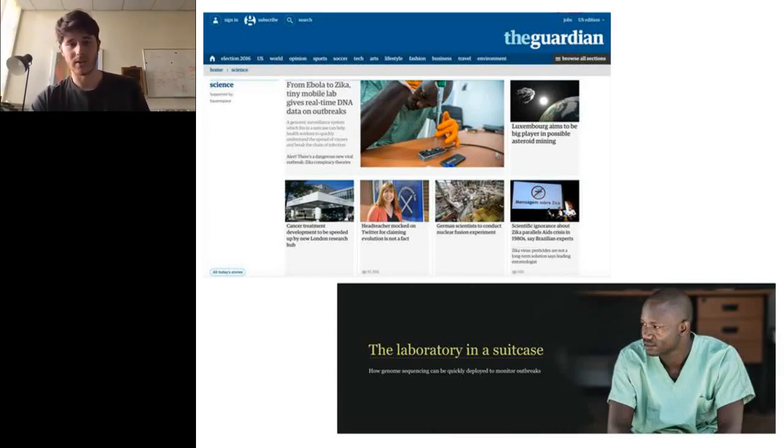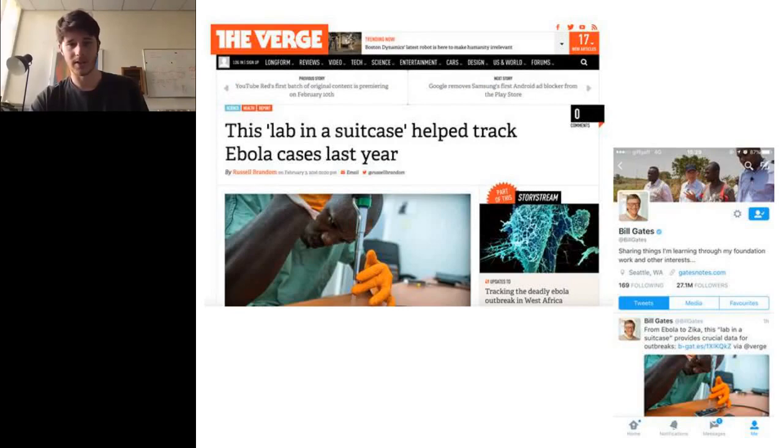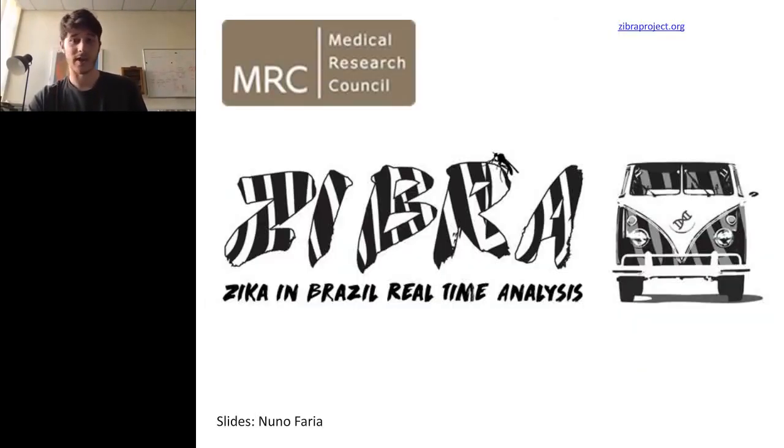This is a UK paper called The Guardian, The Verge, and even Bill Gates picked up on this story. His charity, his foundation, is very interested in technology which can be applied to the developing world to reduce the burden of disease. So this is the type of thing that the foundation would be interested in.